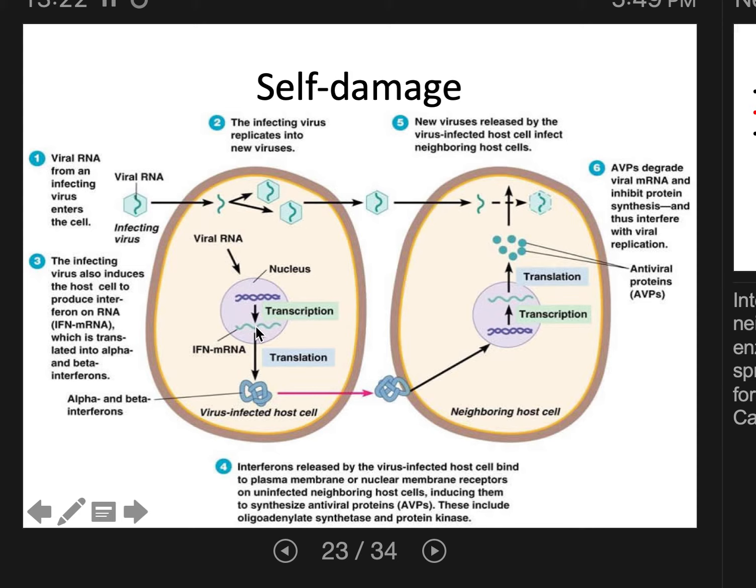But if the cell detects viral infection first and makes those interferons, the virus can't replicate. And then these interferons go to neighboring cells to shut down transcription translation there, to prevent the virus from spreading. Also, antiviral proteins can be produced.